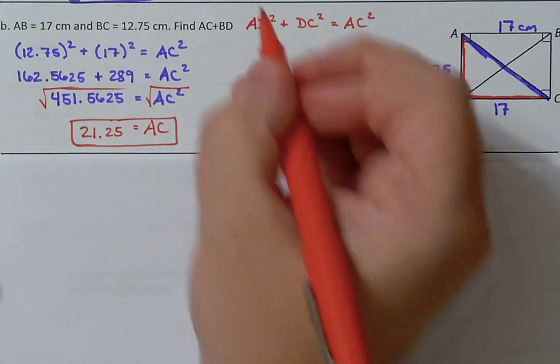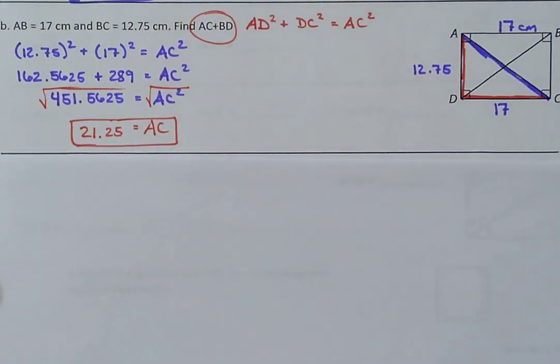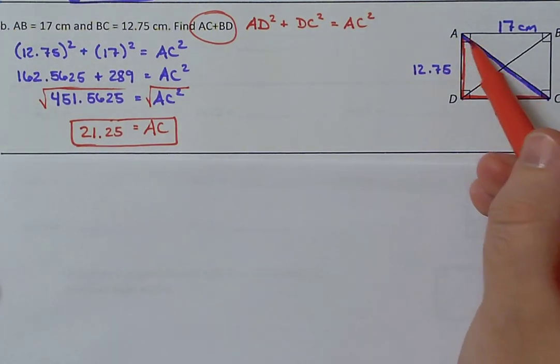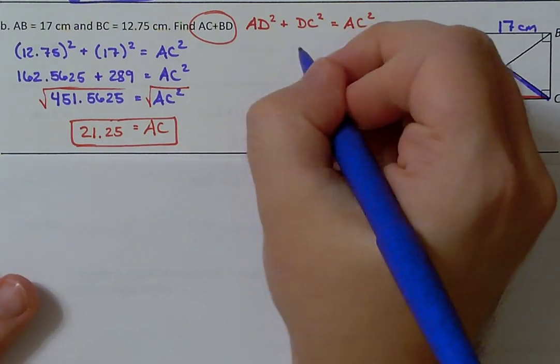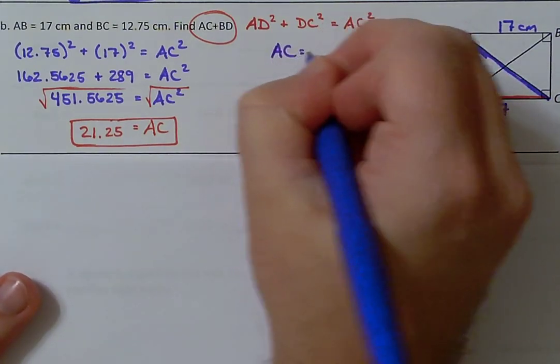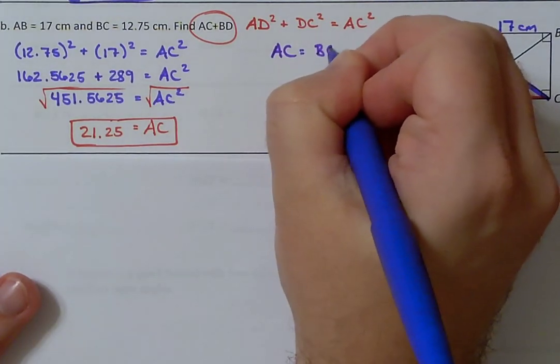Now, what they wanted us to ultimately find is what AC plus BD is. I now know that AC is 21.25, and what we talk about in terms of properties is that the diagonals are congruent to each other. So that means AC is the same measure as BD. So I know that AC equals BD.